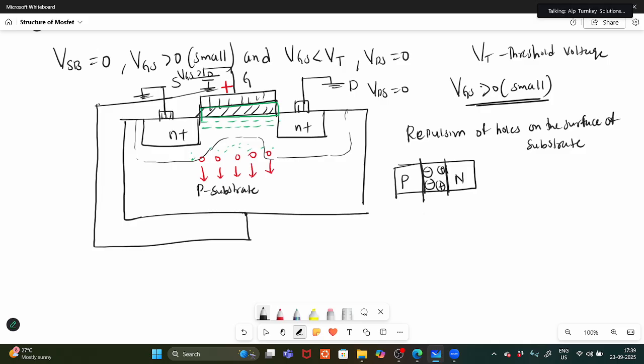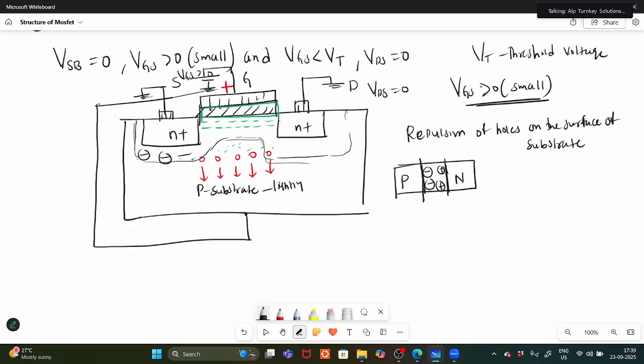Yes, sir. So here also a p-n junction diode is there; this region is heavily doped and the p-type substrate is lightly doped. So due to this light doping, the depletion layer is more towards the p-type substrate.